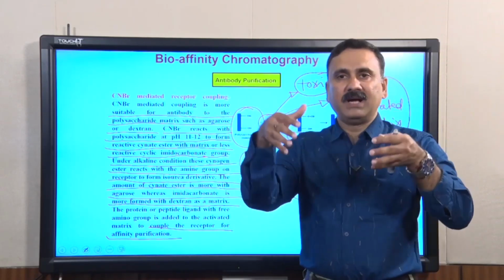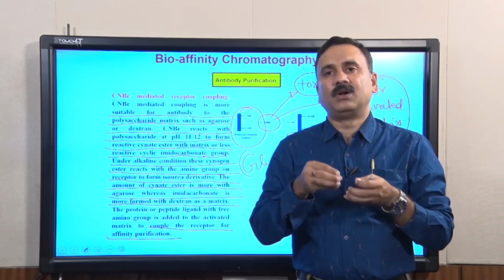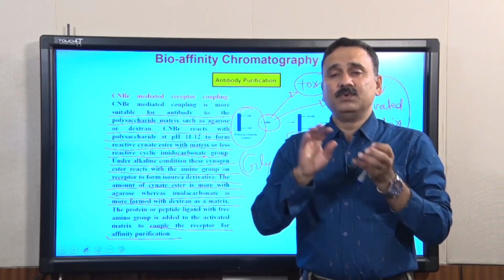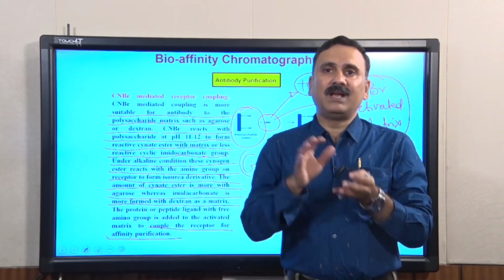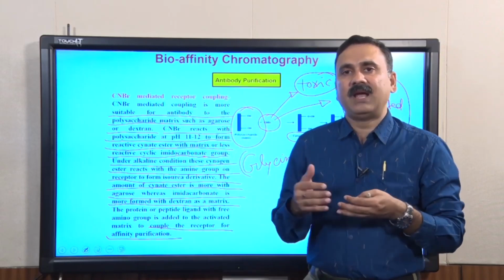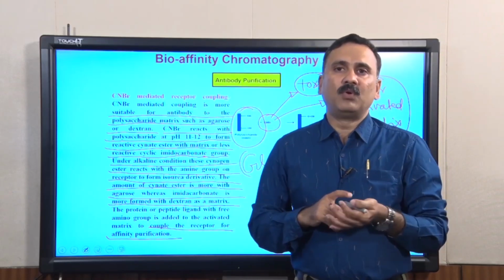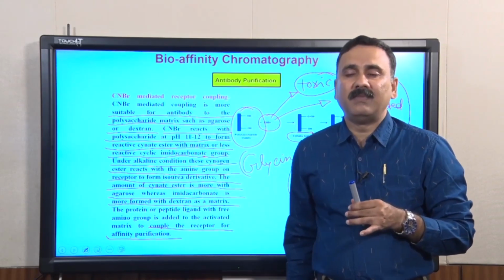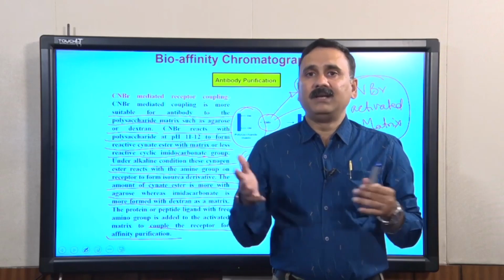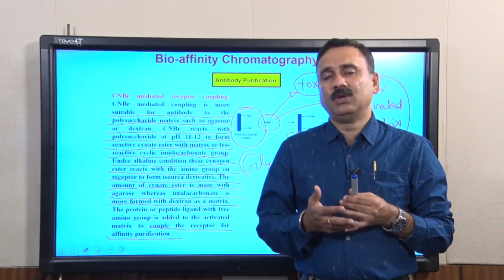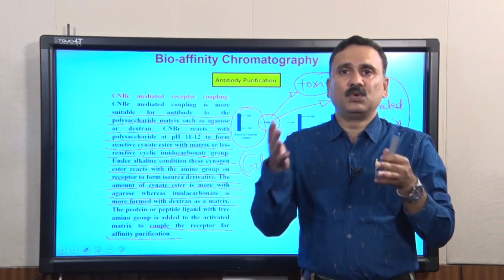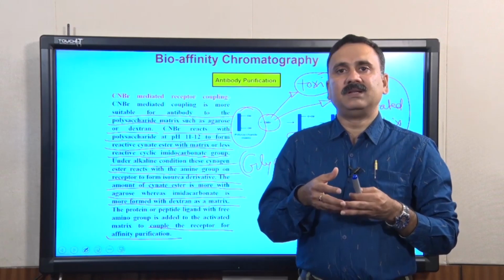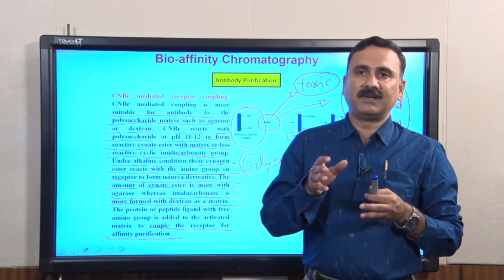The glycine will bind to those activated groups. If you use these beads without deactivation, as soon as you flow the proteins or the serum, the activated groups present on the matrix are going to bind the protein, and that will give you non-specific purification. So, to avoid that, you always add glycine to deactivate the activated groups on the matrix after your coupling is over.